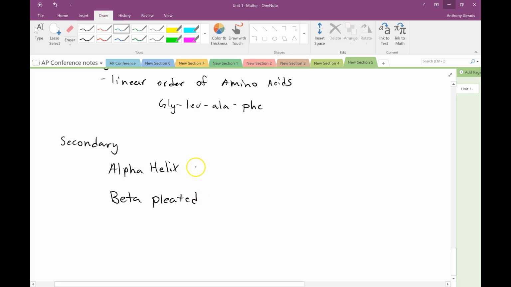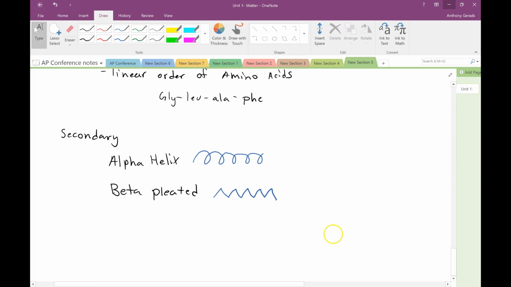And so they're going to look like this, or this. The reason it forms these specific shapes has to do with hydrogen bonding between the amino and carboxyl groups.